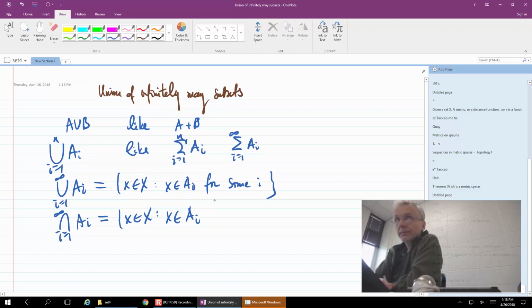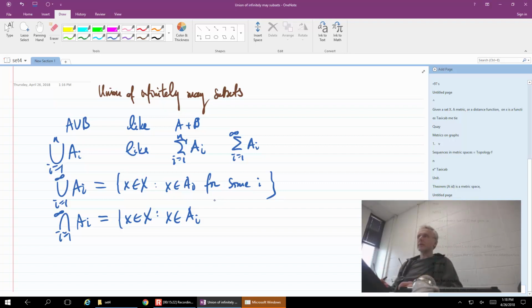That's the union. For the union, it is for some i. It belongs to one of those. It suffices to belong to one of the sets on the list. If you do, then you're in.